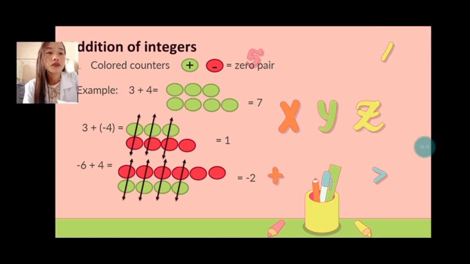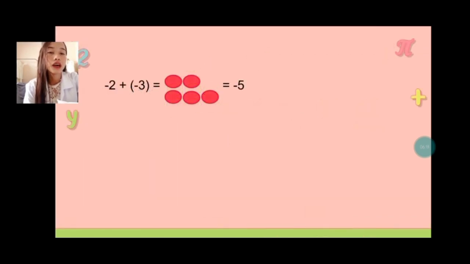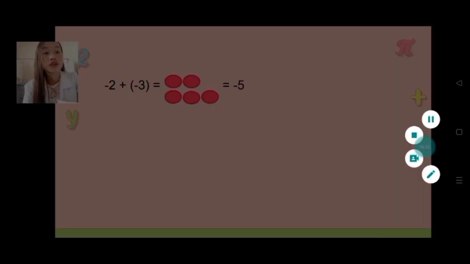Next example. We have negative 2 plus negative 3. Since we do not have a positive, we can use the red color.